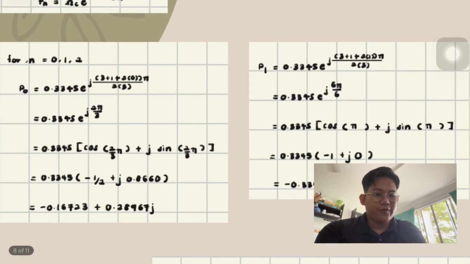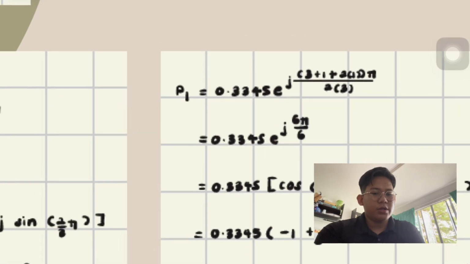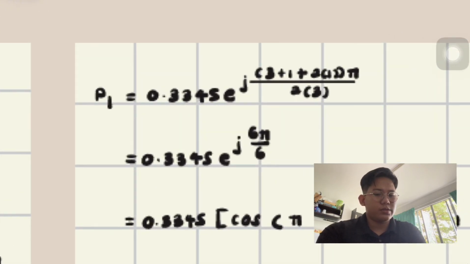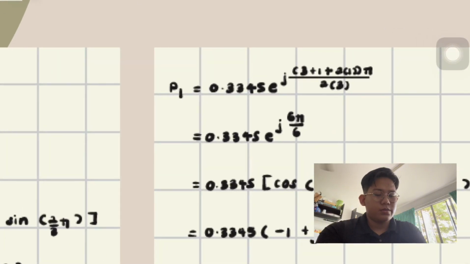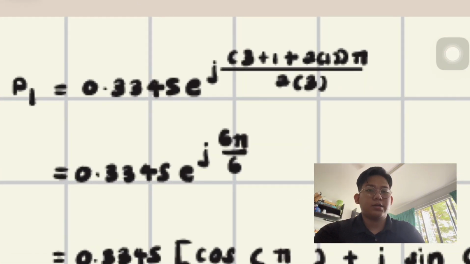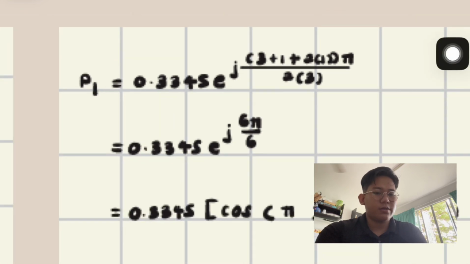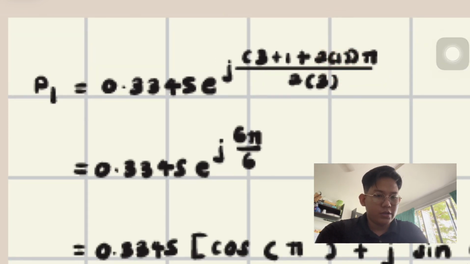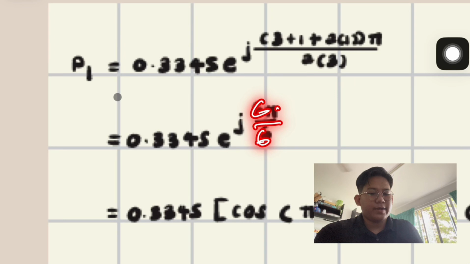And for P1, we only need to change the small n for this one, and change it into 1. So we got 6 over 6 pi.